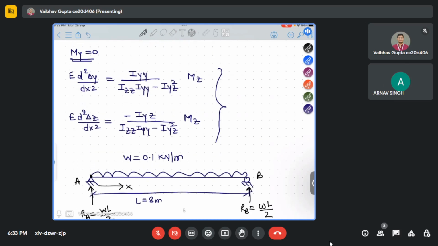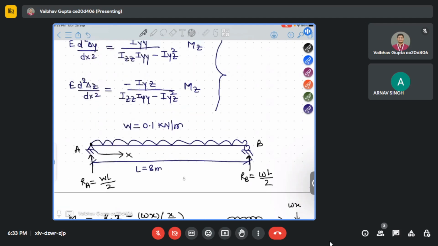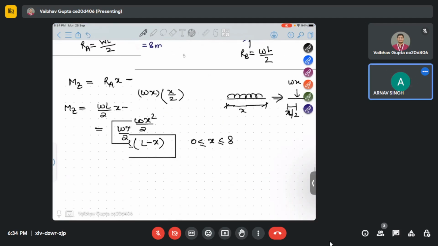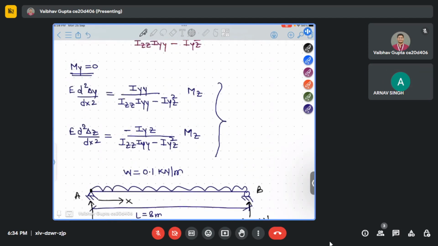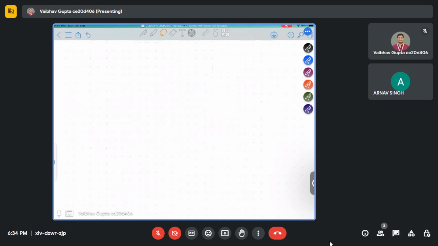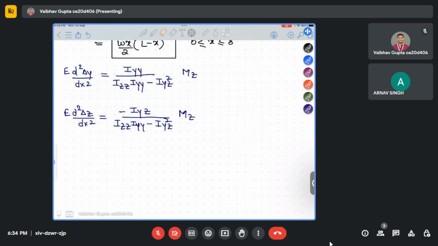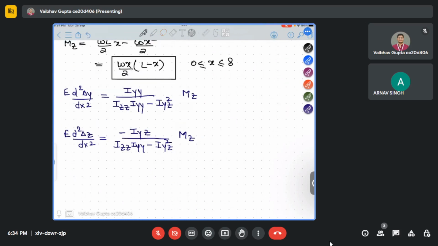Now, to put in this expression, we know Mz, Iyy, Izz, and Iyz. So I am just putting the values and writing the expression. I'll copy paste so that you won't fall behind. Now I'll put the values one by one.